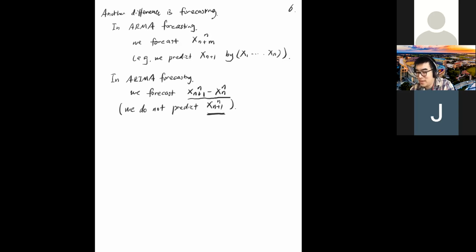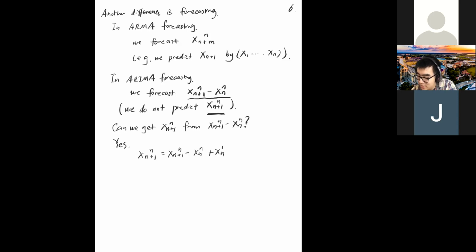So the question is, can we get x_{n+1}^n from our forecasting? Can we get our main interest from our forecast? The answer is yes, and it is actually very easy to see why. x_{n+1}^n is equal to x_{n+1}^n minus x_n^n plus x_n^n, right?